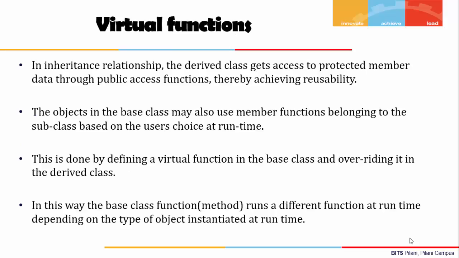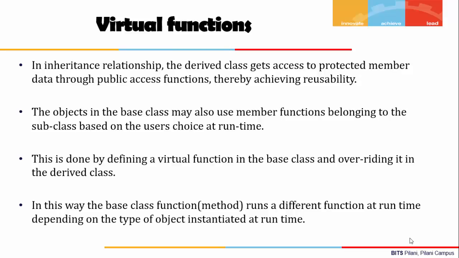So today we will start our discussion with virtual functions. In inheritance, the derived class gets access to the protected member data through public access functions. We know that already. The objects in the base class may also use member functions belonging to the child class based on the user's choice.